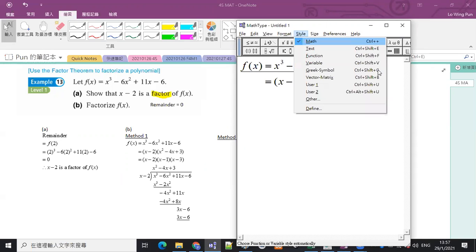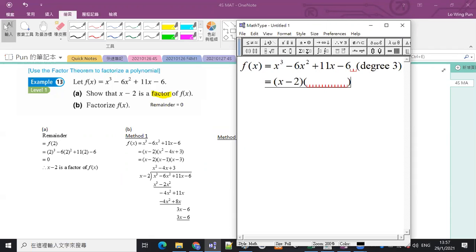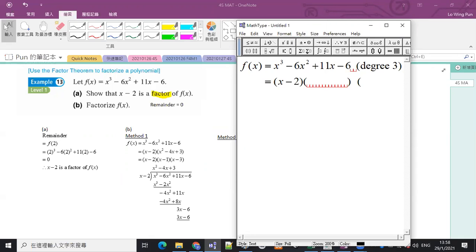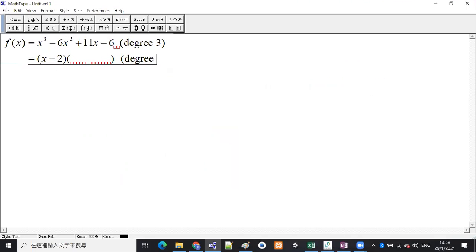This one is degree 3, right? And then x minus 2 is degree 1. And then the long bracket should be of degree 2. So a degree 3 polynomial is broken down into a product of degree 1 polynomial times degree 2 polynomial.